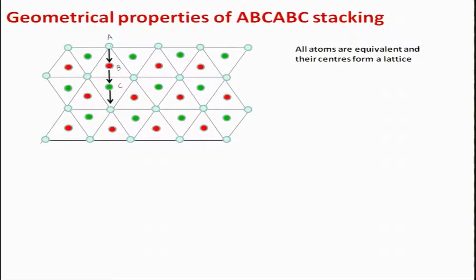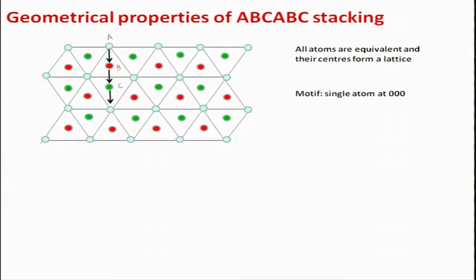I have chosen this to be A, this to be B and this to be C, but I could have very well chosen this as A, this as B, and then A which will come on top of C will become C. Okay. So, in that sense all the atoms are equivalent and their centers form a lattice.